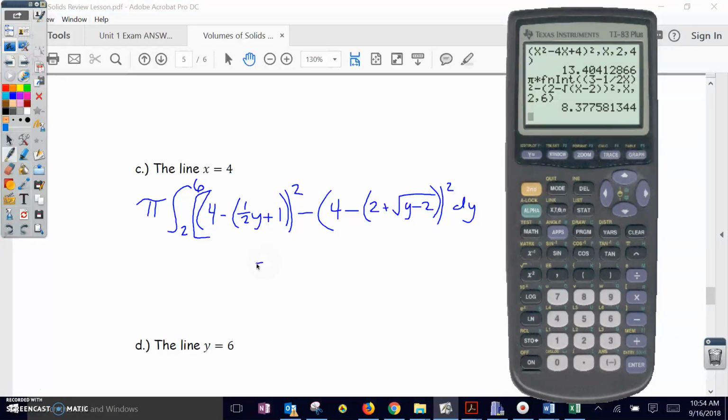And we get that the volume of this solid is 8.378.